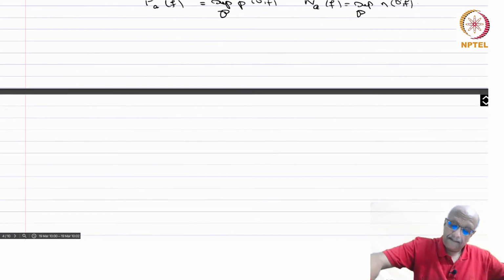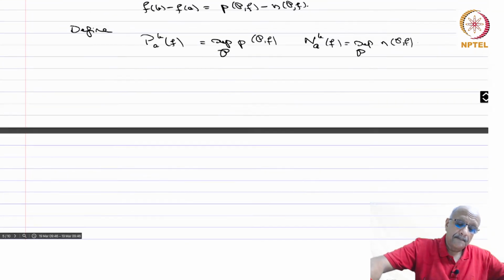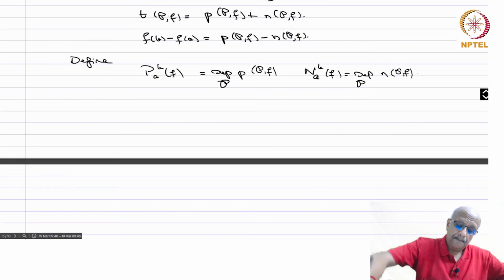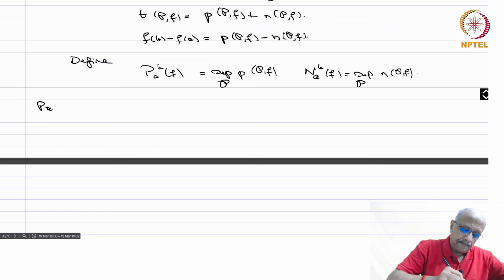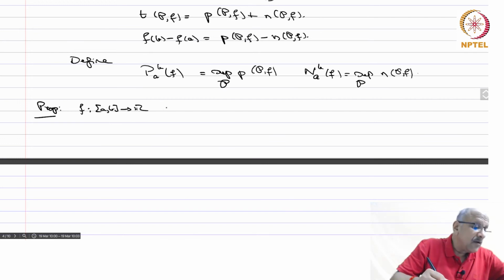Proposition: f from [a,b] to R, a function of bounded variation.